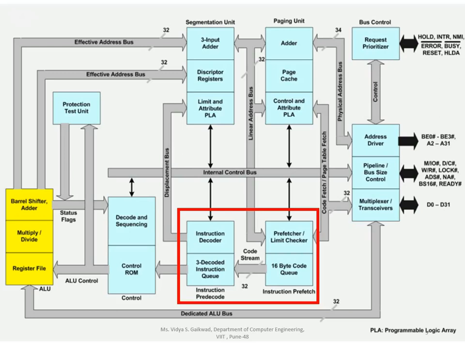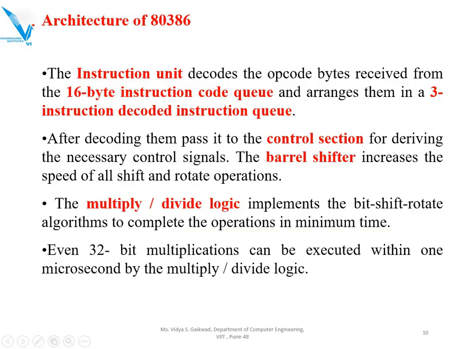After fetching, we have to decode that instruction. Here in 386, again there is a queue to store the decoded instructions, and that queue is known as the 3 decoded instruction queue. So the instruction unit decodes the opcode bytes received from the 16-byte instruction code queue and arranges them in the 3 decoded instruction queue.